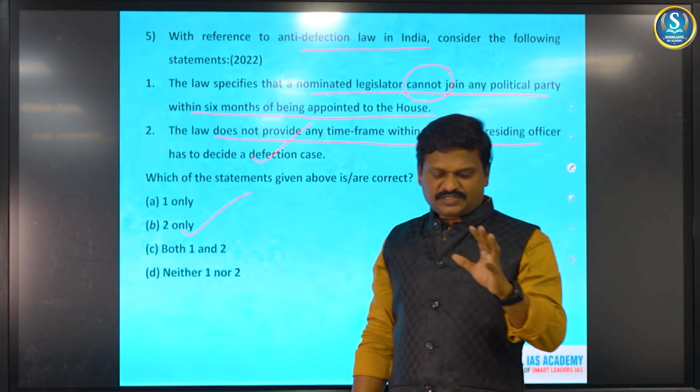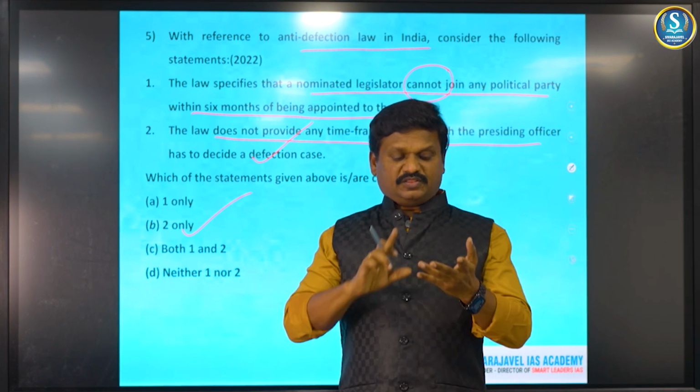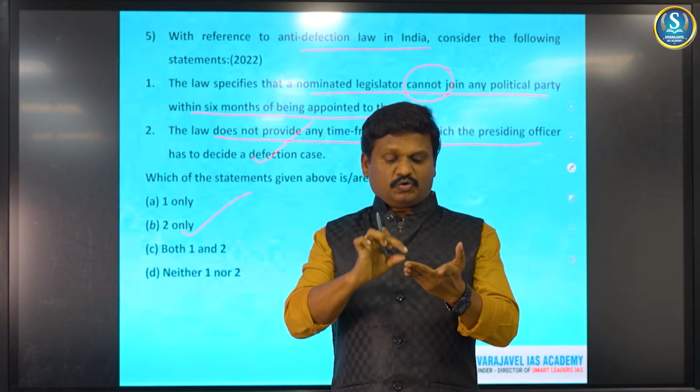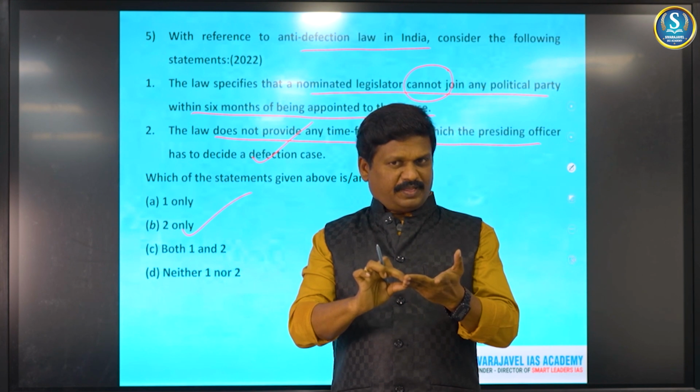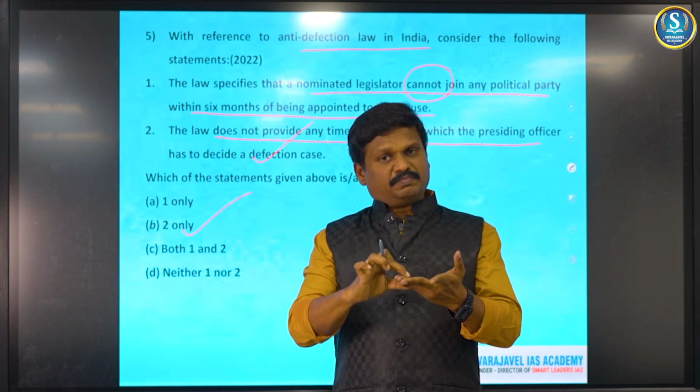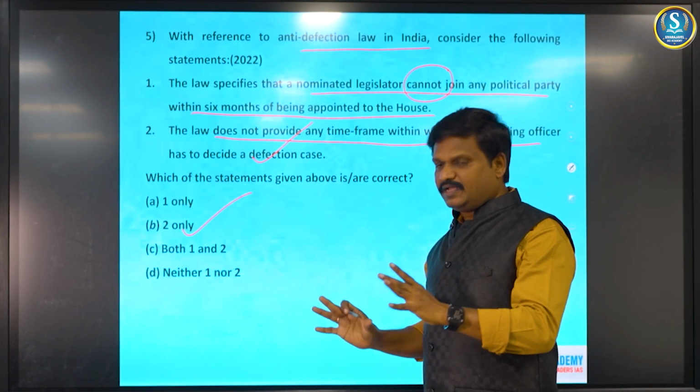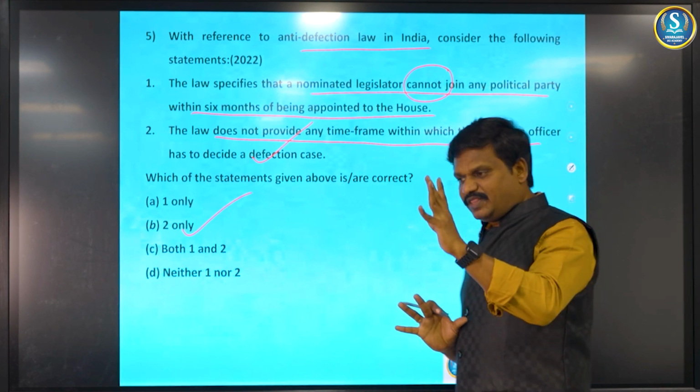So, 5 questions we have taken as a model question. These 5 questions I have taken from 2022 polity paper and 2021 polity questions to tell you that there are 5 dimensions. Which are the 5 dimensions?